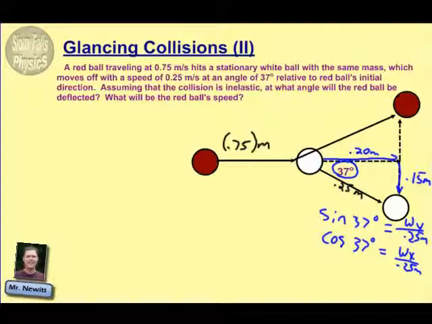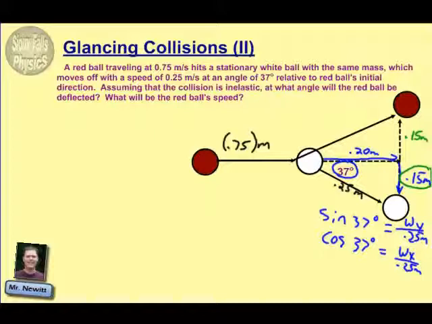First thing, and this is the easiest part, is that initially there was no vertical component of momentum. So if the white ball had a component of 0.15 in the downward direction, then the red ball must have a component of 0.15 times m in the vertical direction for its momentum.